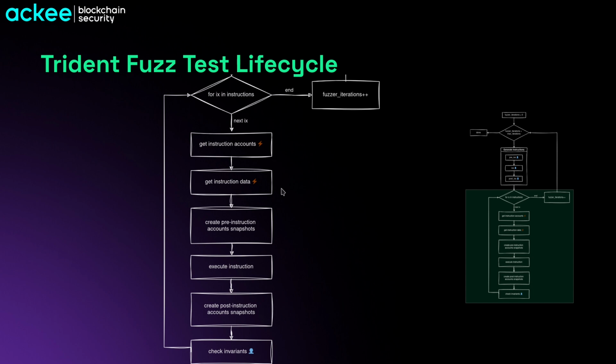Then the next method that is called is the get data method. That is also mandatory and has to be specified by the developer. In this case, it would be possible to submit only randomly generated data as long as these data can be correctly deserialized to the expected data types.